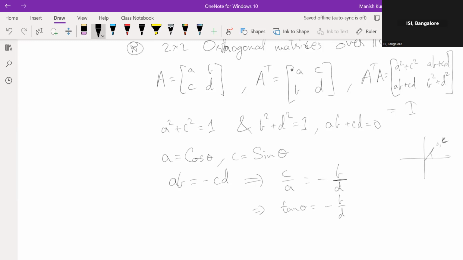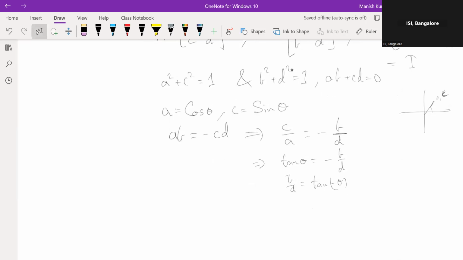So B over D is minus tangent theta, which is tangent of minus theta. And B and D are of norm 1.